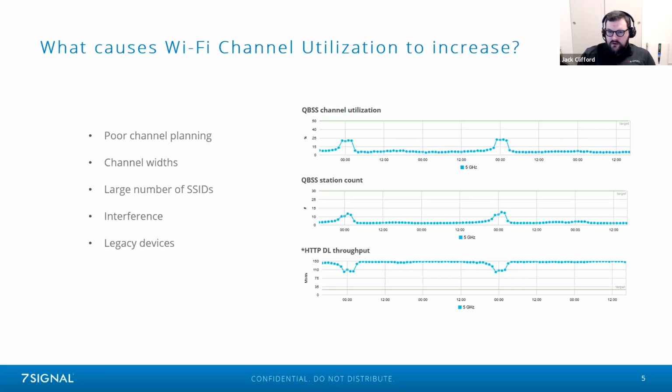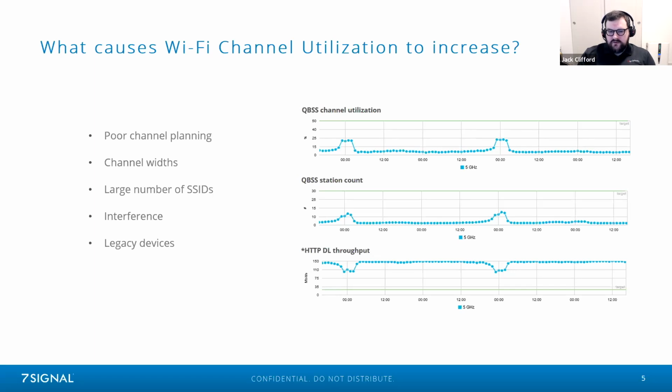Another thing that can increase channel utilization is interference in the area. If you have a very large amount of Bluetooth traffic, for example, it is going to cause interference in the 2.4 spectrum. There can be all sorts of other types of devices as well, causing interference in both 2.4 and 5 gigahertz spectrum, as well as legacy devices.